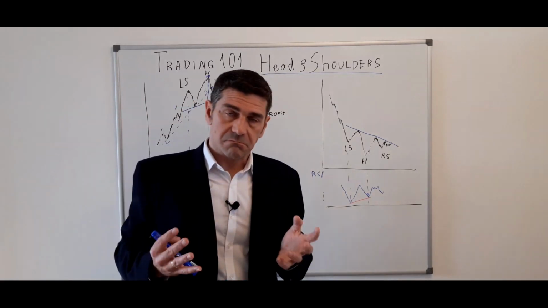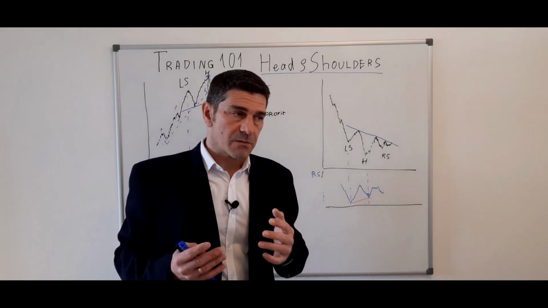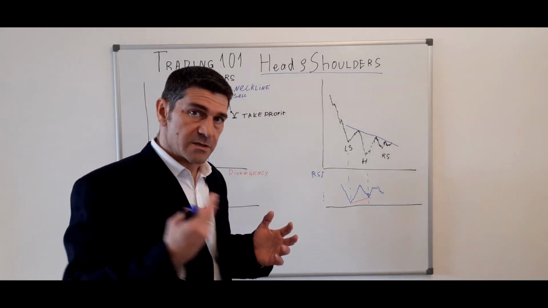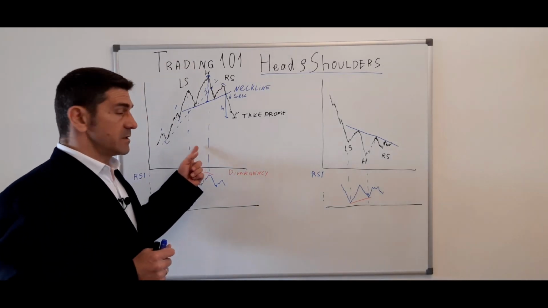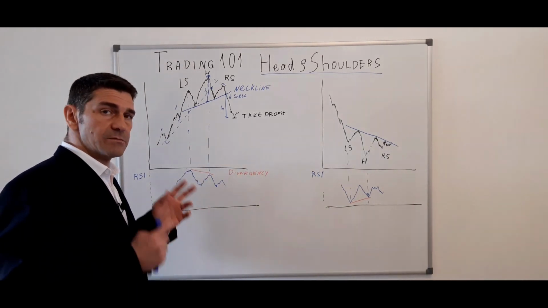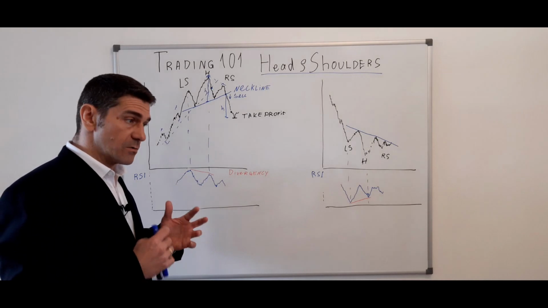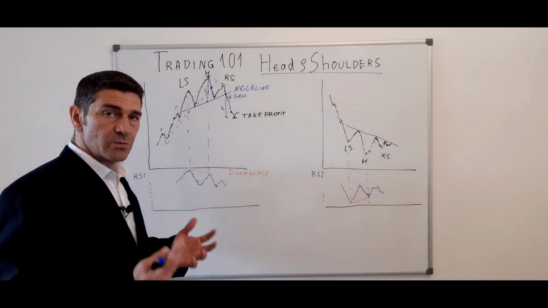This is a very high probability based on historical data. That is why this figure, head and shoulders, is so strong, so powerful, and we have to use it.